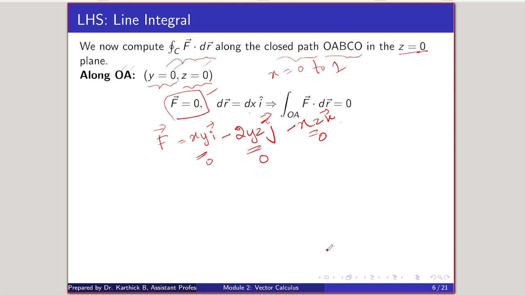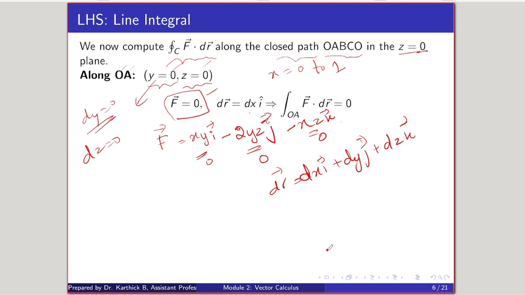So I am taking that dr represents dx i plus dy j plus dz k. If I find dy, it is also 0, dz is also 0, where dr vector will be dx i vector plus dy j vector plus dz k vector. So from this equation we get dy is 0, dz is 0. These both values are 0.